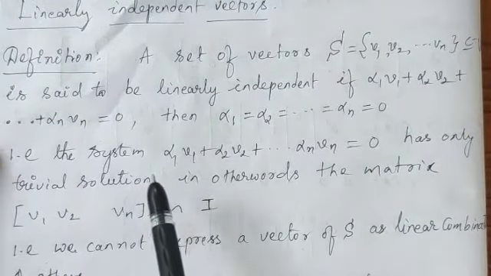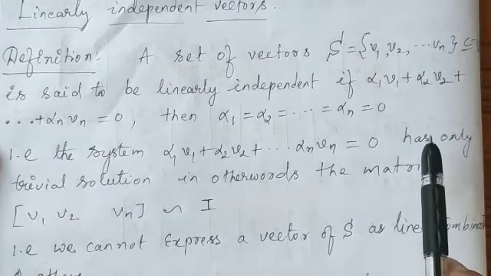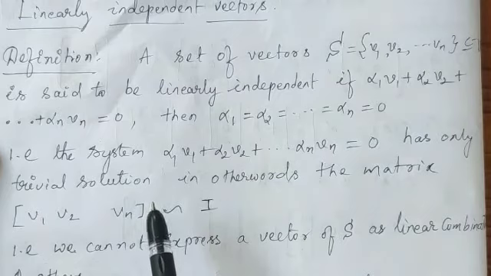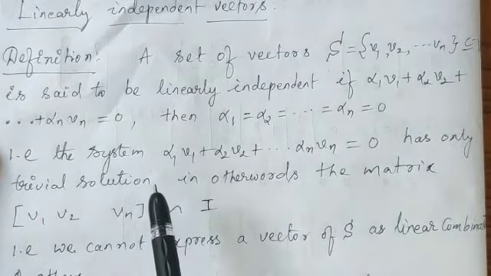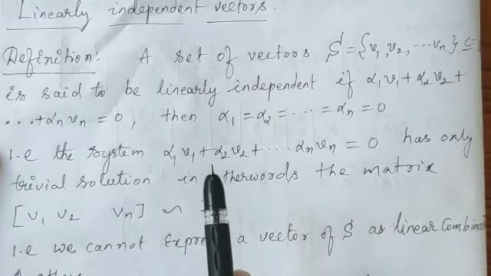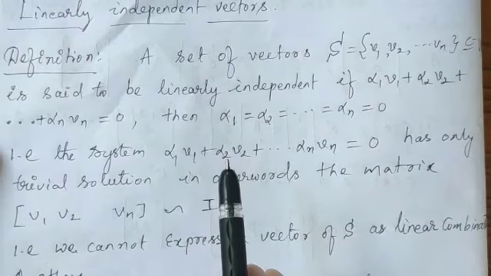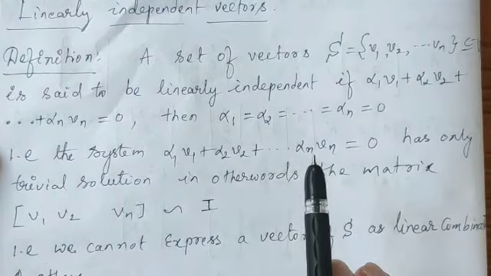In other words, the system has a trivial solution. That means if this is equal to 0, this gives us a system of homogeneous equations, and the solution of that homogeneous equation is only one, that is x equal to 0. For example, alpha 1 equal to 0, alpha 2 equal to 0, alpha n equal to 0.